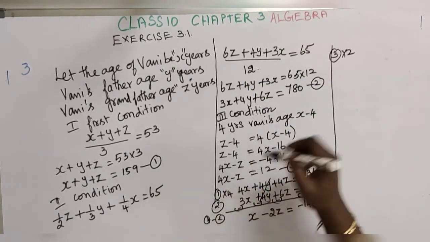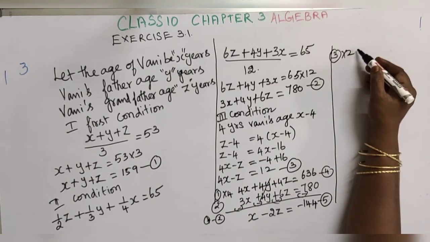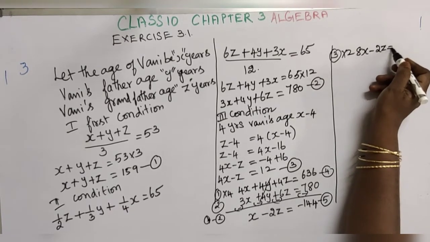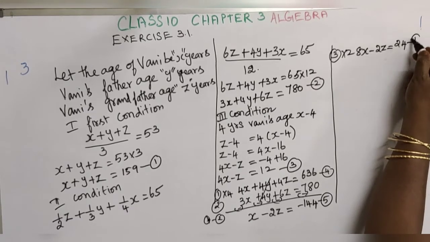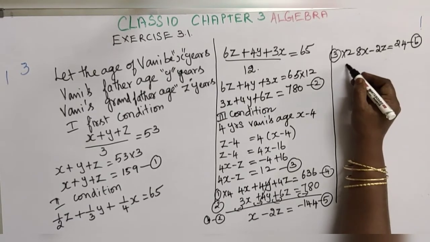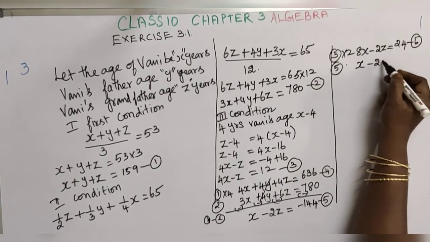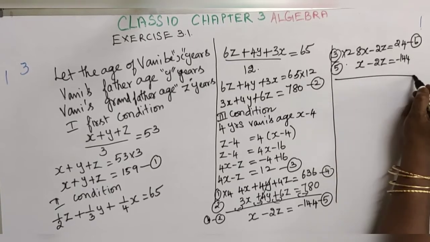Each and every term must be multiplied by 2. So 4 into 2, 8x minus 2z equal to 24. Have this as sixth equation. And have the fifth equation as such: x minus 2z equal to minus 144.